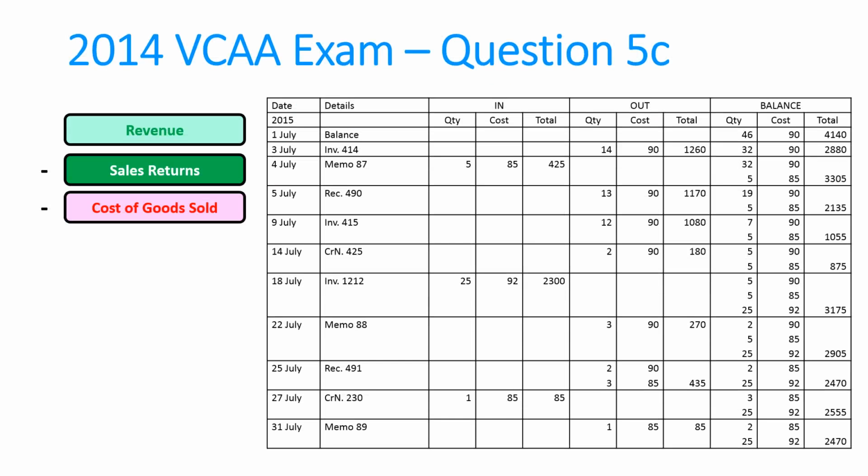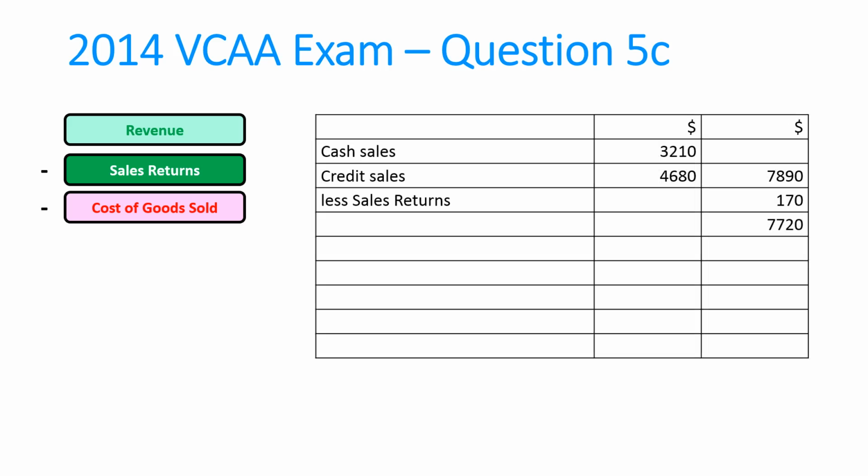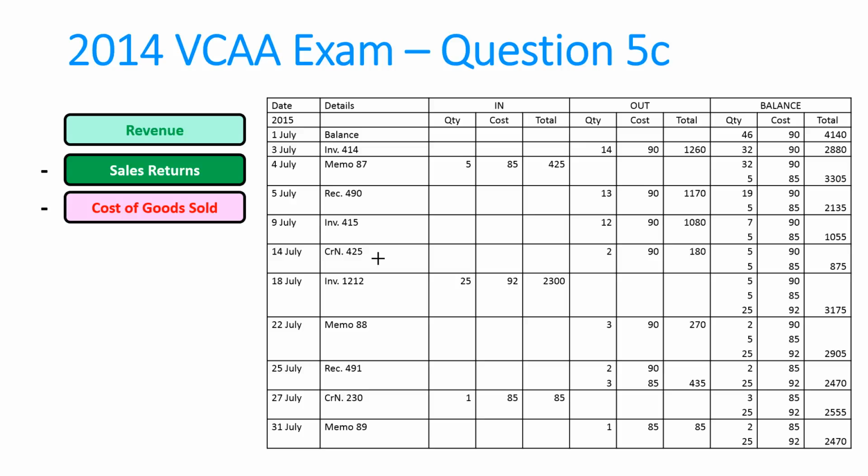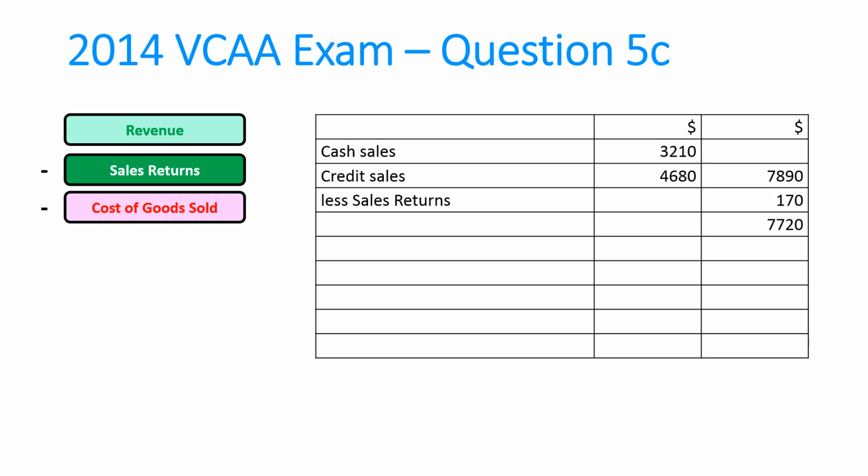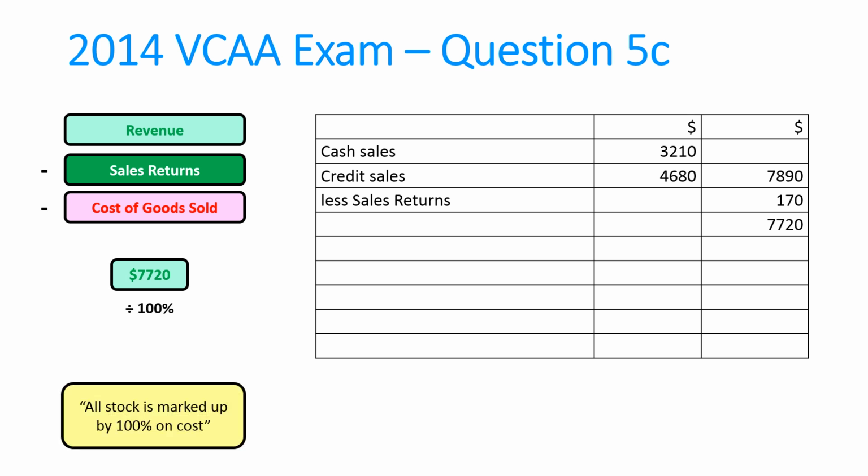Next section will be the cost of goods sold. So we are going to do this the easy way. We could actually go through here. We know cost of sales will be in the out column. We know that when sales happen, it's either a receipt or an invoice. So that would be this one, this one, this one. We could do that, find every single one. What might be a bit easier is this: we are told that all stock is marked up by 100%, and the total net sales is 7,720. So we will figure out cost of sales as being half of that.